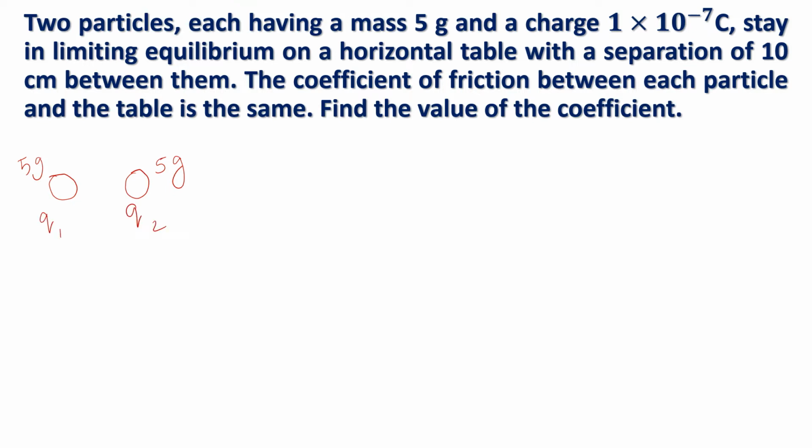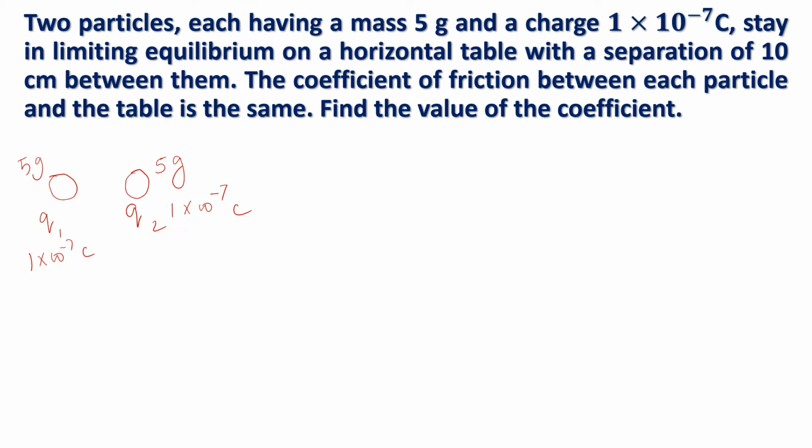Both charges are 1 into 10 power minus 7 coulomb. So q1 is 1 into 10 power minus 7 coulomb, and q2 is the same, 1 into 10 power minus 7 coulomb. Both have the same 5 gram mass.